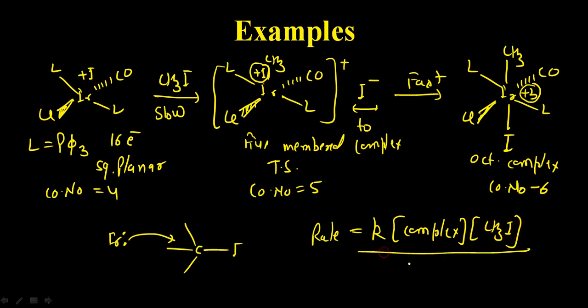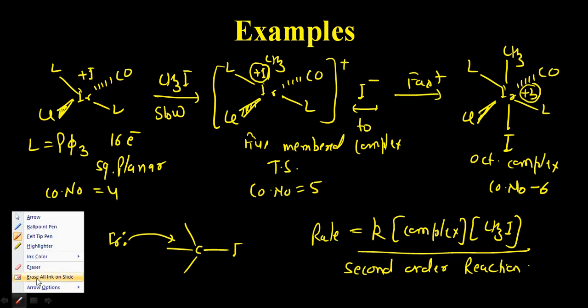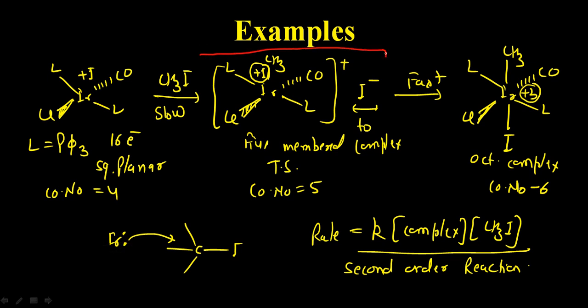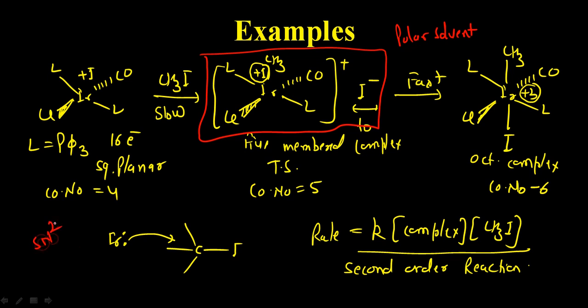So hence we can prove that this is a second order reaction, and we can easily see that there is formation of a polar transition state. Ion pairs are formed, and this ion pairing is favored by polar solvents. Hence, if the solvent affects the rate of the reaction, then it must be SN2 mechanism.